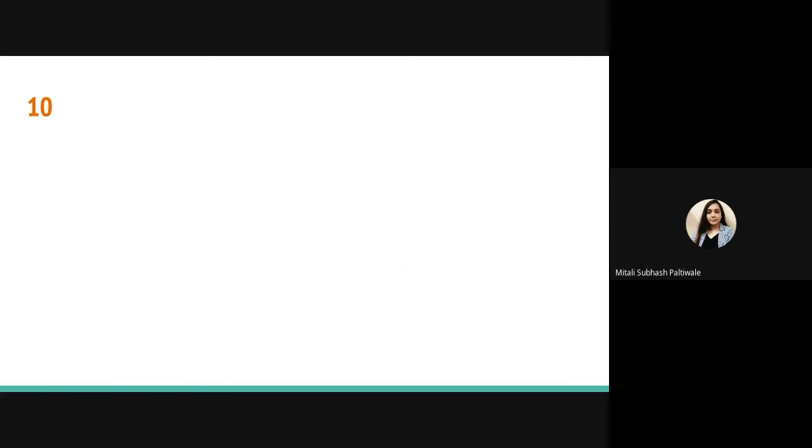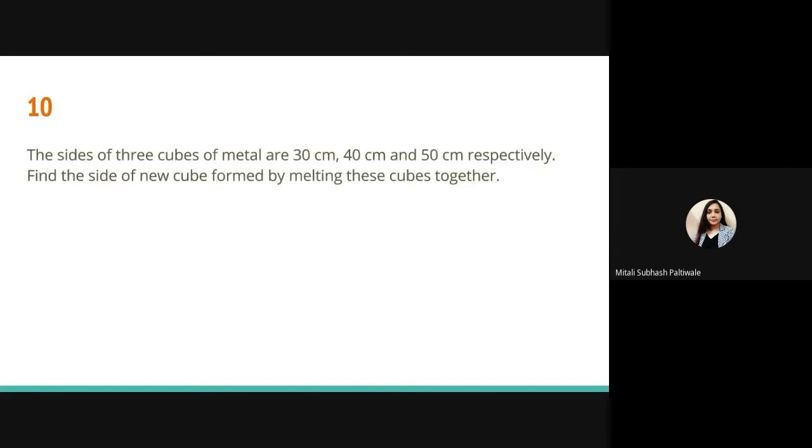Now here, I believe this is the last example which we are having. Okay. The sides of three cubes of metal are 30, 40 and 50 centimeter respectively. Find the side of the new cube formed by melting these cubes together. If we are melting all of the cubes together, then there will be nothing like loss or profit, because we are just melting them to form a new cube.